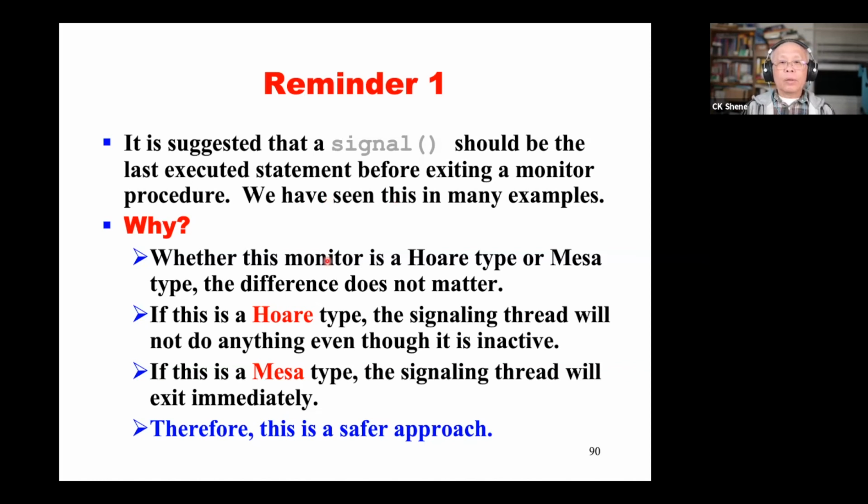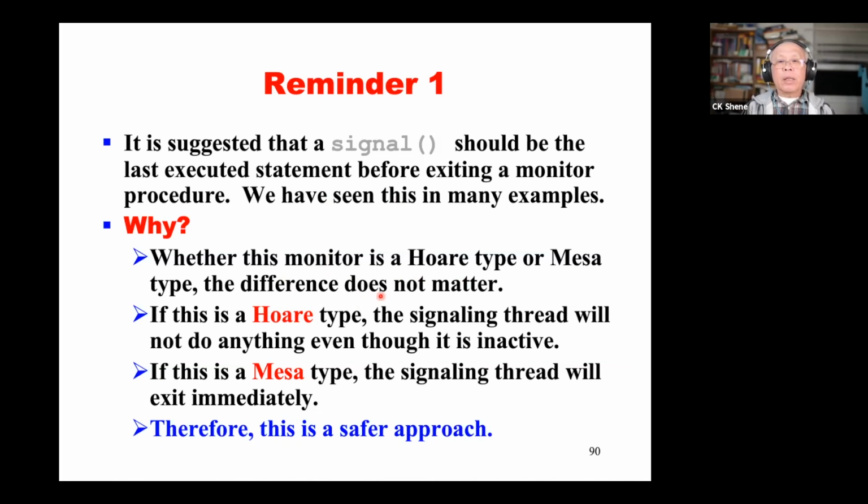Why? Whether this monitor is a Hoare type or a Mesa type, the difference between these 2 does not matter. For Hoare type, finally I signal. I am just waiting there as an inactive thread. Finally, when I become active, I'm gone.